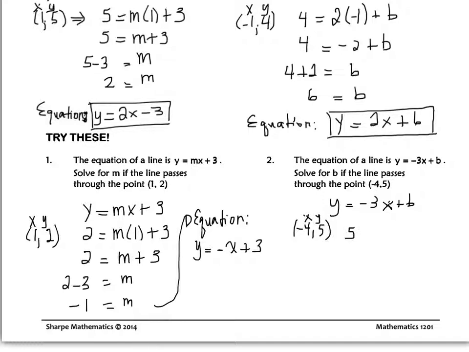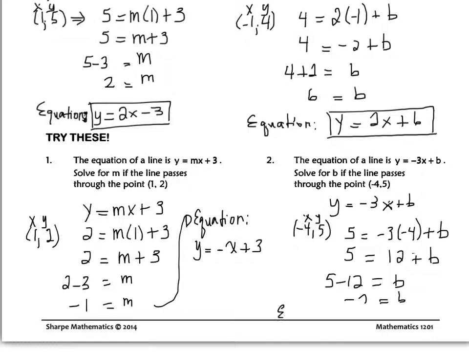When 5 goes in for y, and negative 4 goes in for the x, this equation should be true, which means 5 should equal 12, this will be a plus sign, plus b. And you want to get b by itself, you need to subtract 12 from both sides. So that's going to give you b is negative 7.